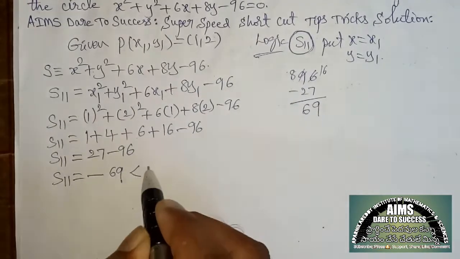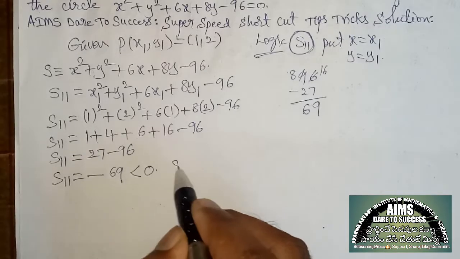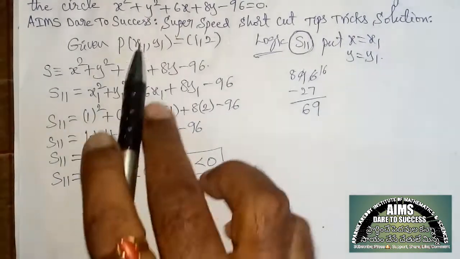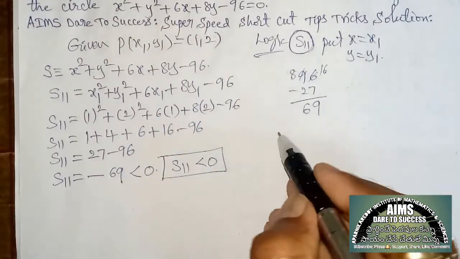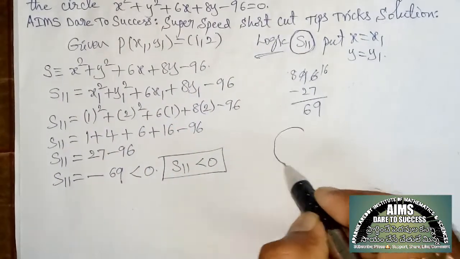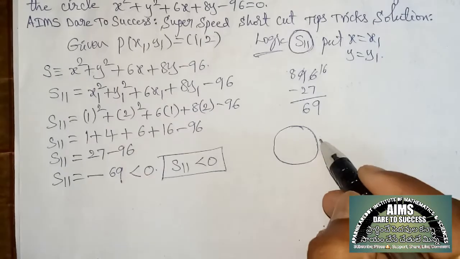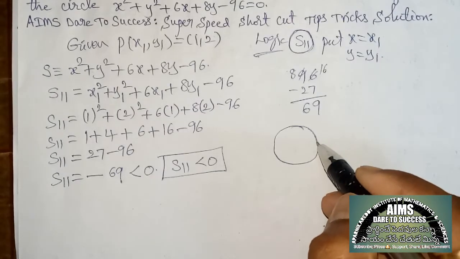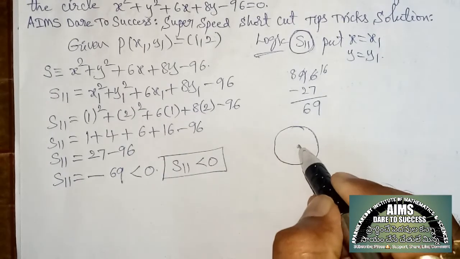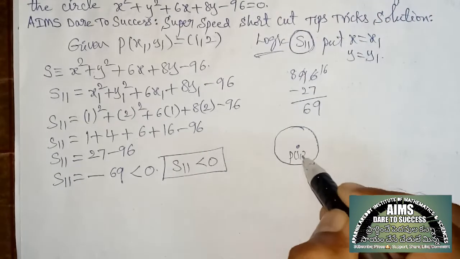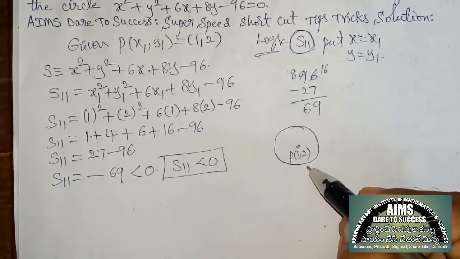Minus 69 means less than 0. So we got S11 is less than 0. To locate the position, I want to draw the circle. For this circle, less than 0 means the condition is inside. This point P(1, 2) lies in the interior of the circle.